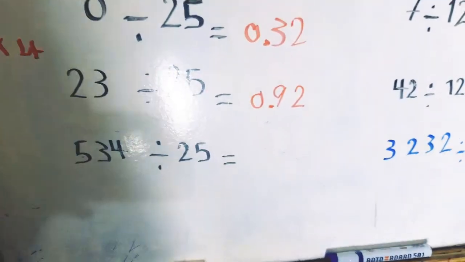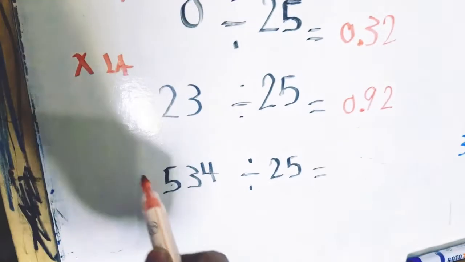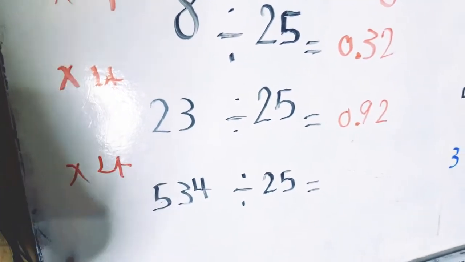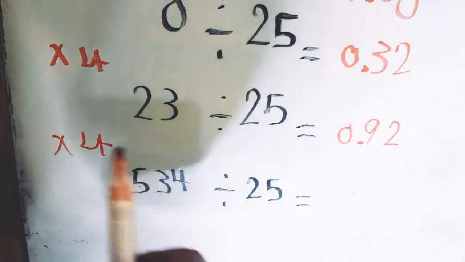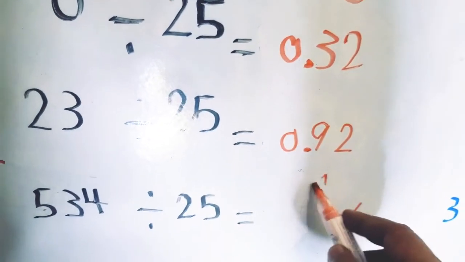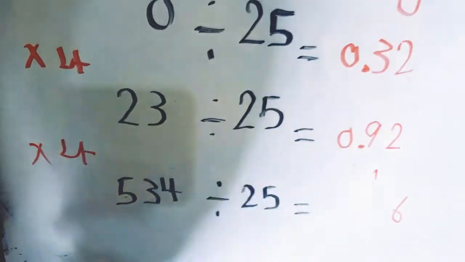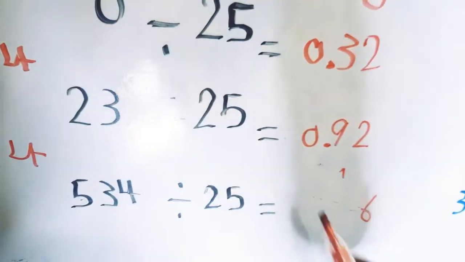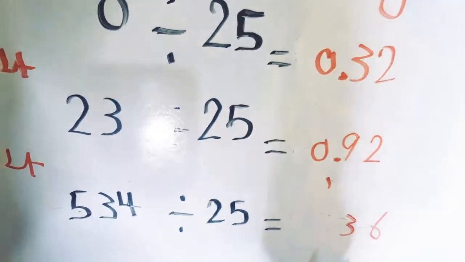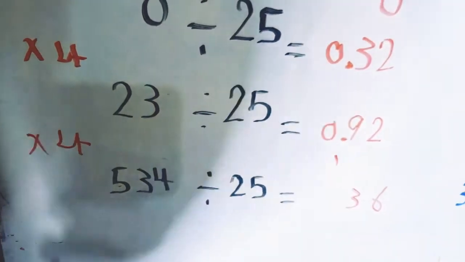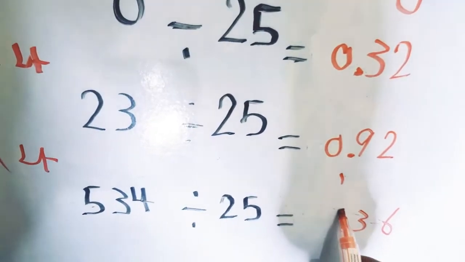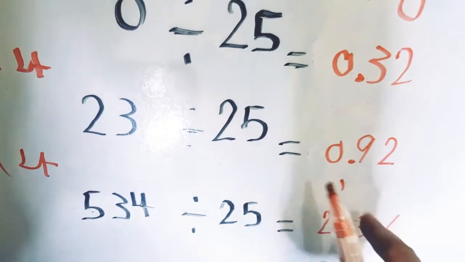534 divided by 25. We multiply the dividend by 4. 4 times 4, 16. We carry 1. 3 times 4, 12. 12 plus 1, 13. We carry 1. 5 times 4, 20. 20 plus 1, 21.